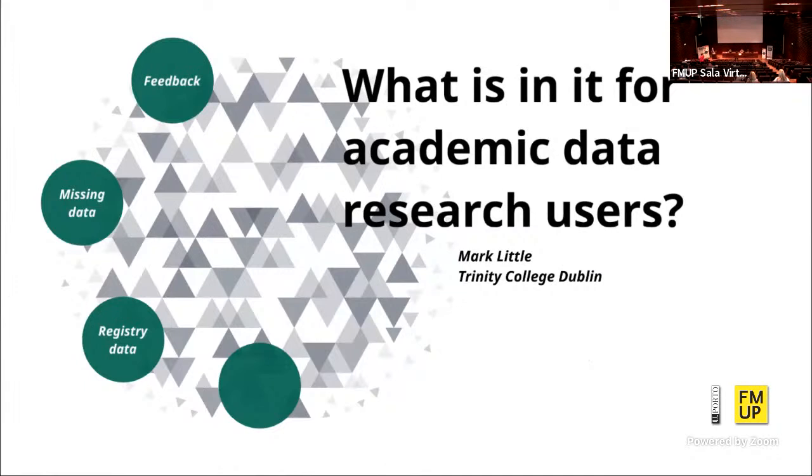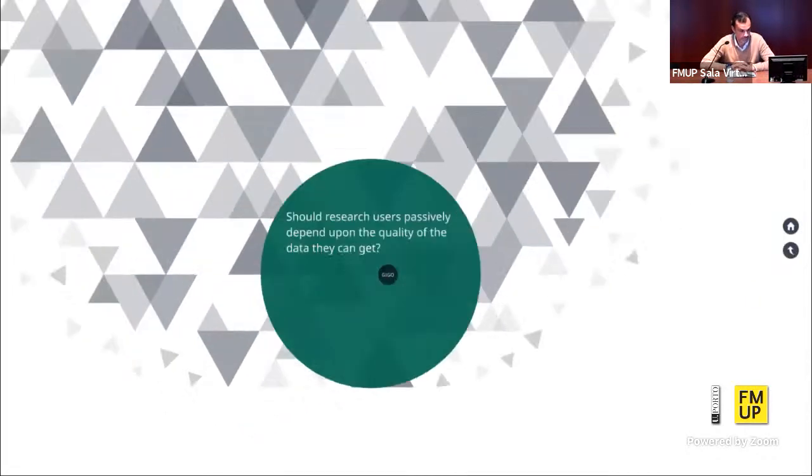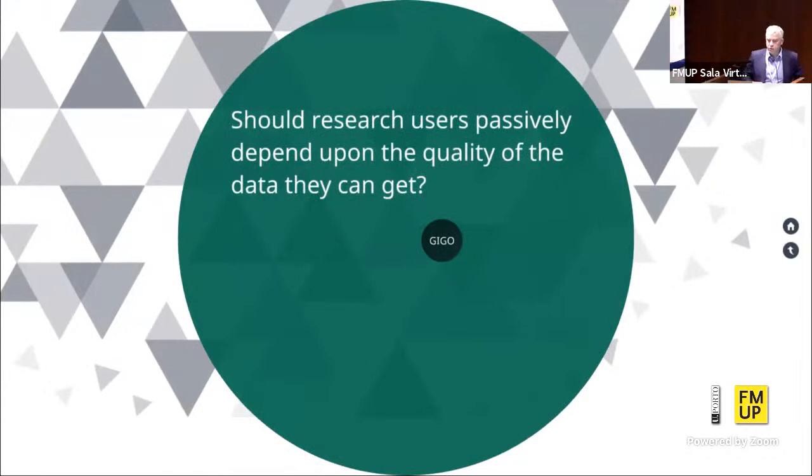I'm from Trinity College in Dublin. I'm a clinician and an academic health researcher. So the question here is, should research users passively depend upon the quality of the data they can get? And I stand here speaking to you as somebody who really uses this data in their day-to-day research activity.